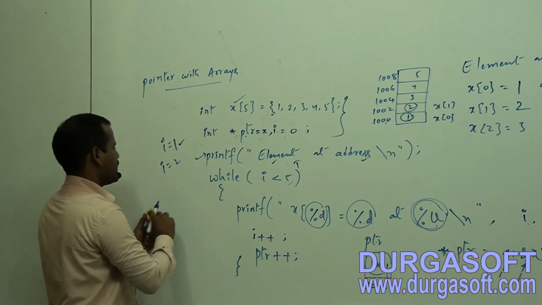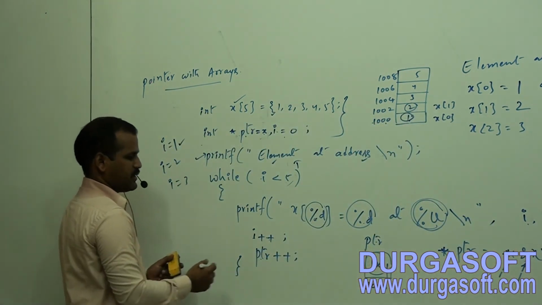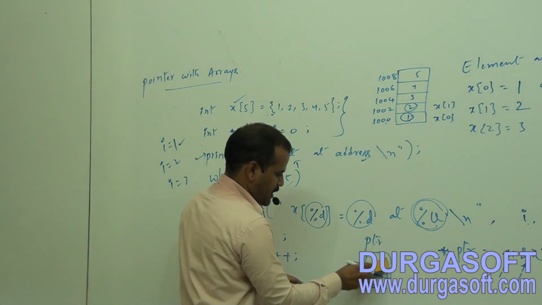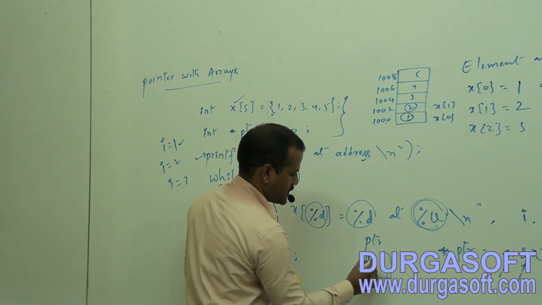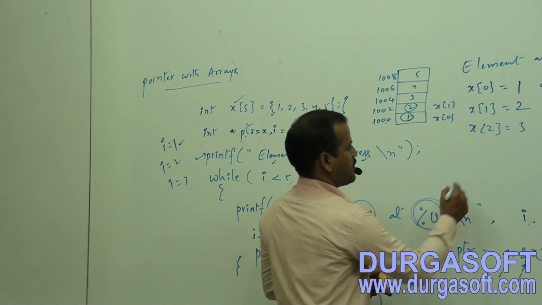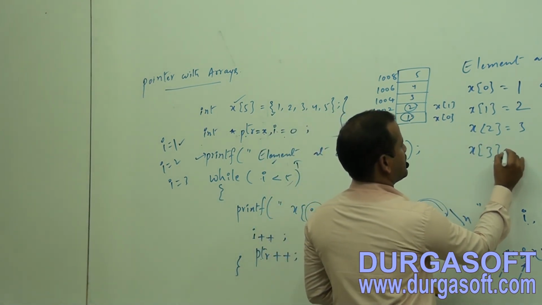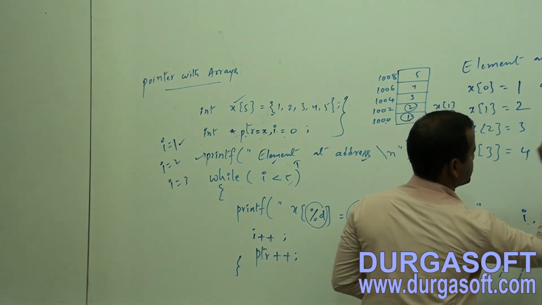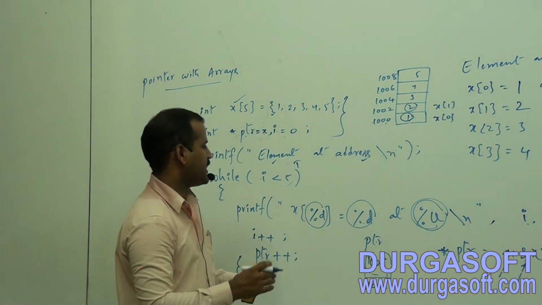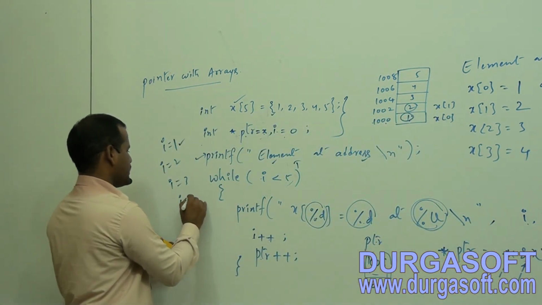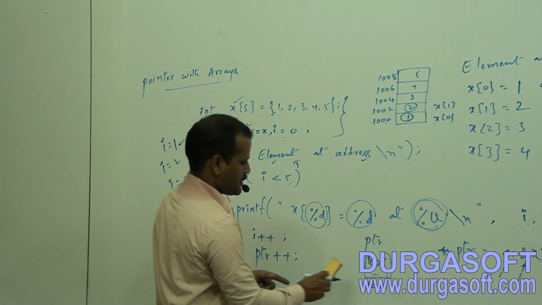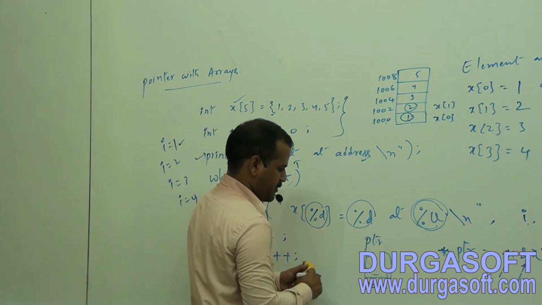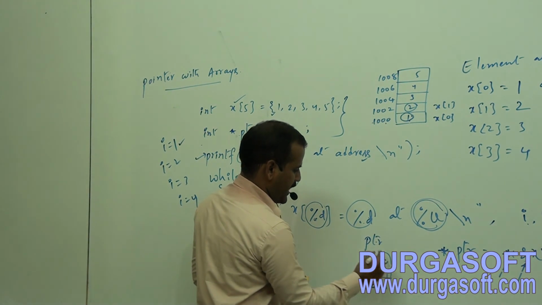After incrementing, I value will become 3. Again this 1004 value will be incremented to 1006. So the display will be x of 3 is equal to 4 at 1006. Next, in the final iteration, I value is increased to 4 and the pointer value is incremented to 1008.